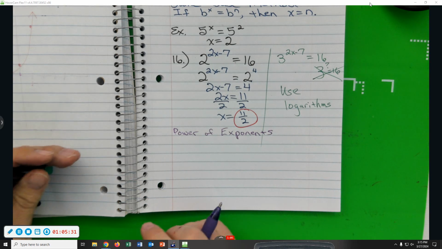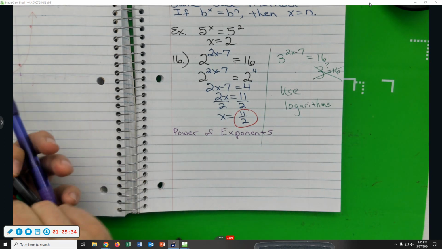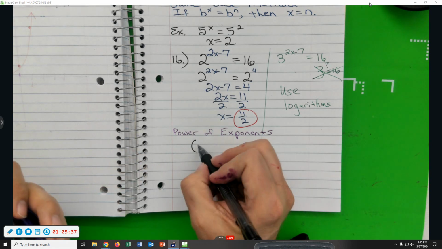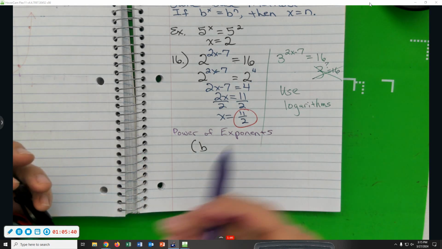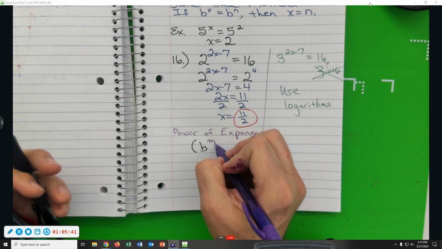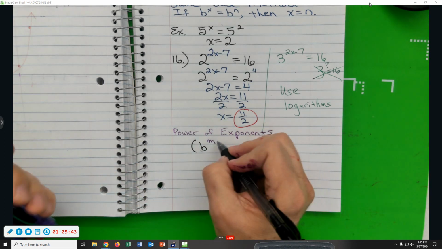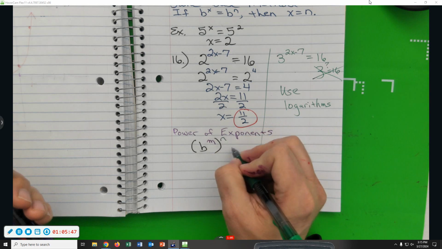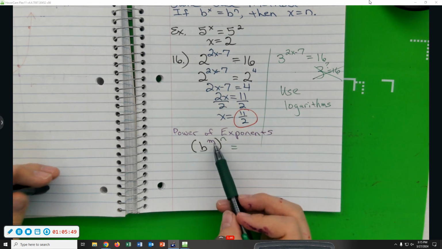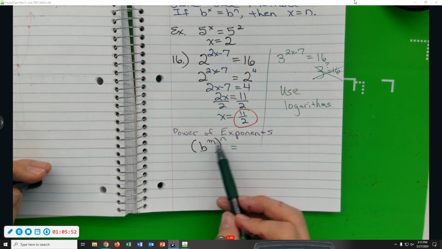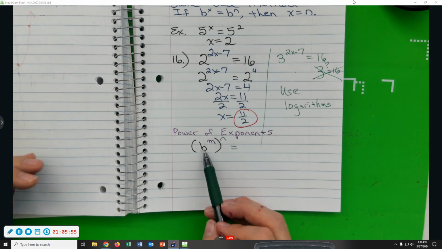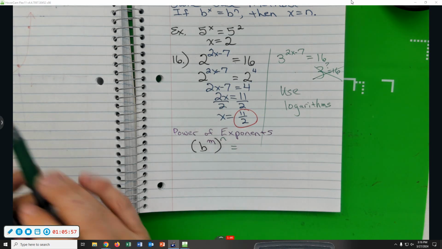The power rule of exponents says if you have a base, let's say b, raised to a power, and that in turn is raised to another power. You have a power raised to a power. To write that as a single power of b, what do you do to the m and n?